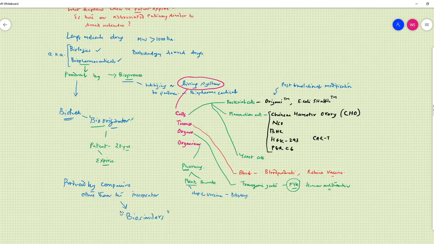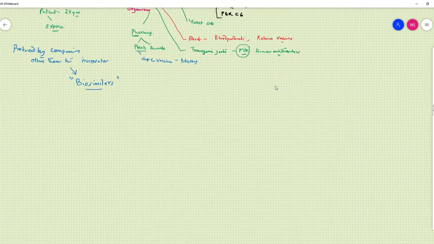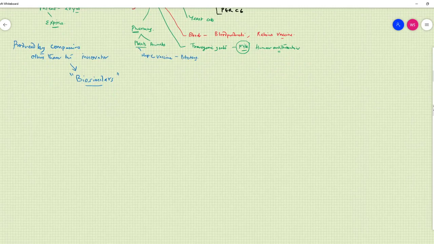Okay, so what are biosimilars? Basically, copies of the biopharmaceutical produced by the innovator company after the patent expires. So then the question is, why is it called a biosimilar? Why is it not called bio-identical?